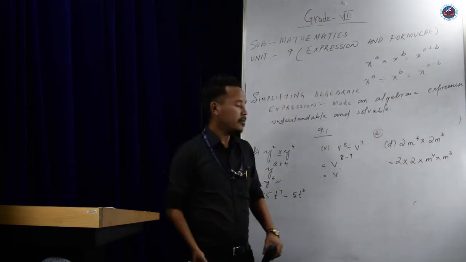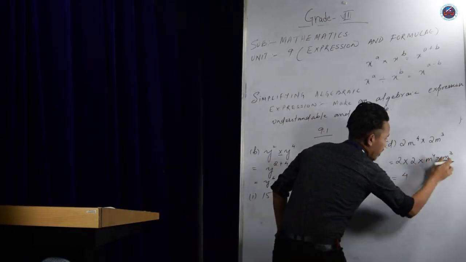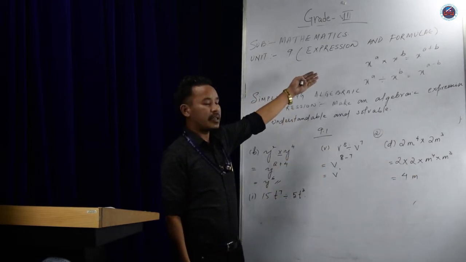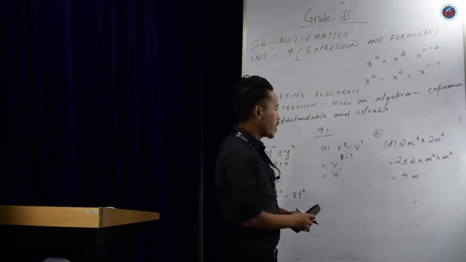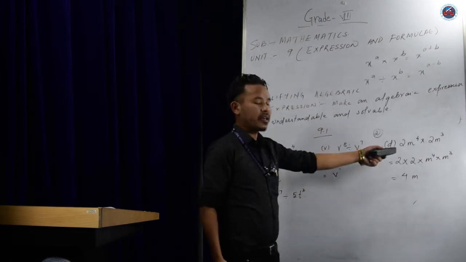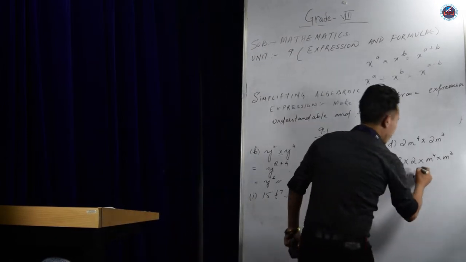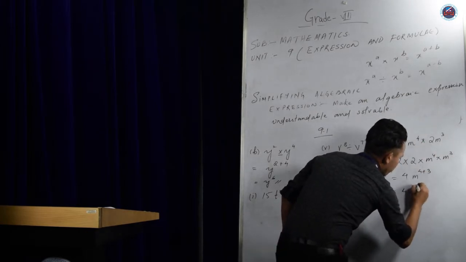So 2 into 2 gives us 4. For the variable m, let's follow the first rule of exponents, x to the power a into x to the power b gives us x to the power a plus b. Since it's a product, we know we have to add the powers, that is 4 plus 3. So we get 4m to the power 7.